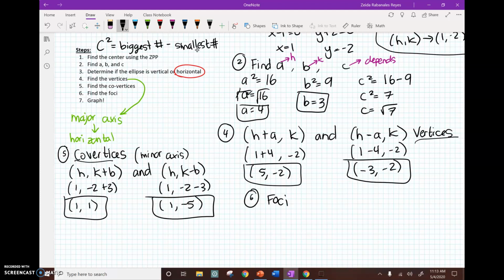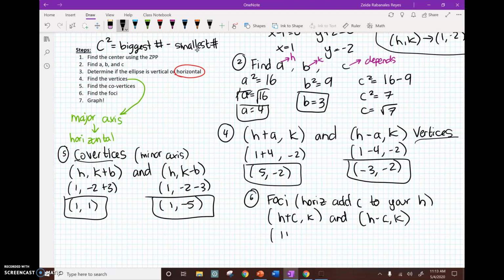Because this is a horizontal ellipse, you're going to add C to your H. So then I have H plus C, comma K, and H minus C, comma K. That gives me 1 plus square root of 7, comma negative 2, and 1 minus square root of 7, comma negative 2.